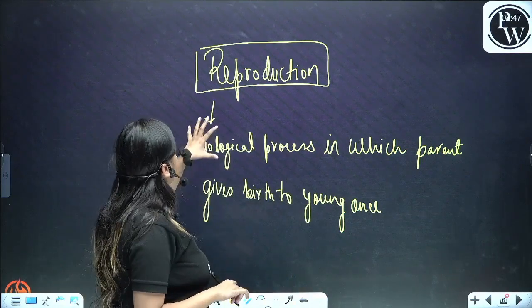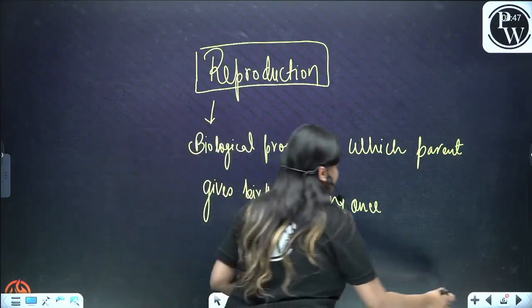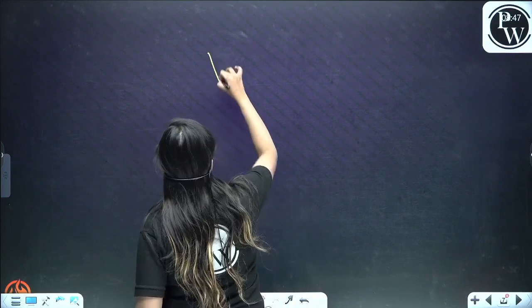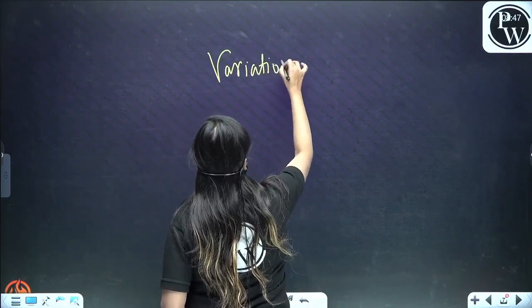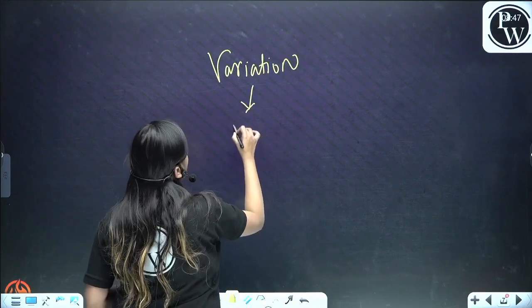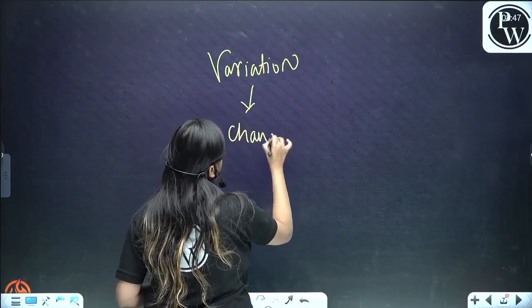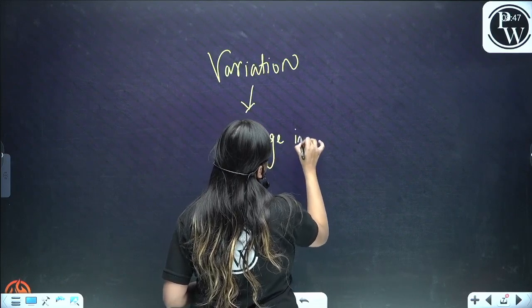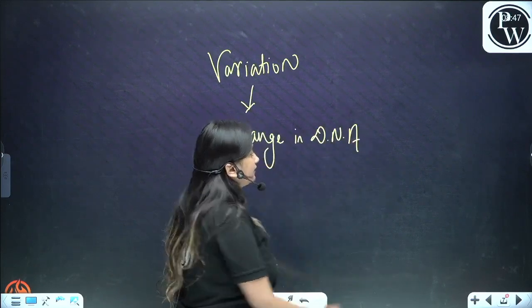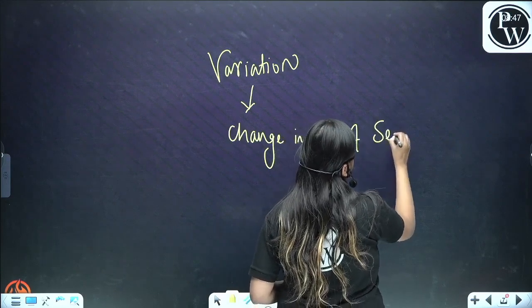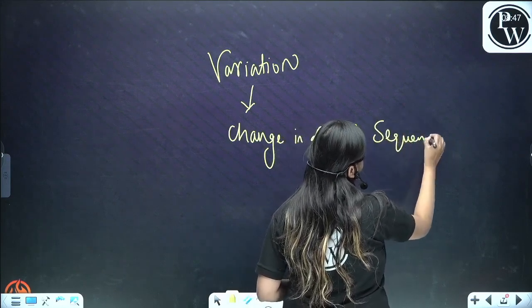Now, what is variation? Variation means change in sequence, change in DNA sequence, change in DNA. We all are Homo sapiens, right? That is the advanced form of human.